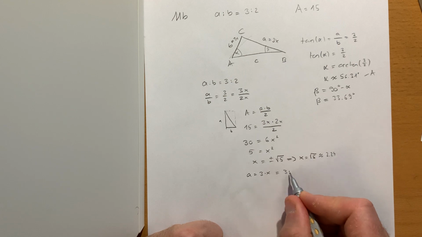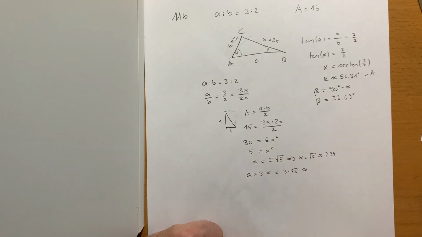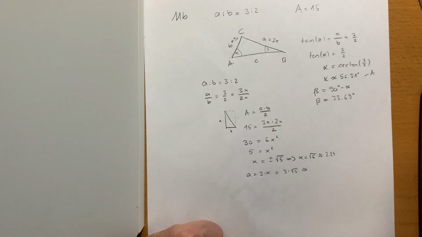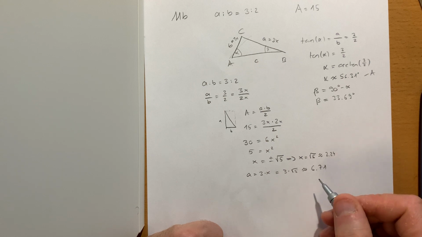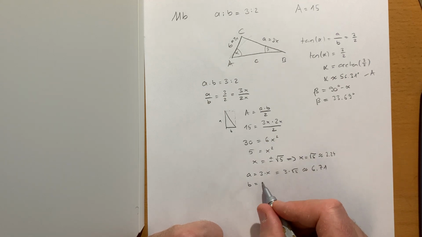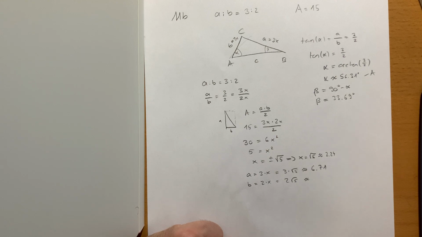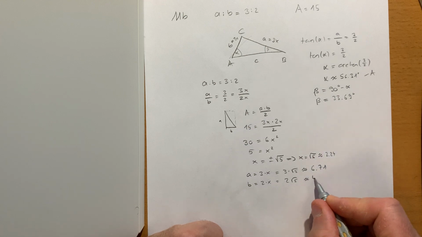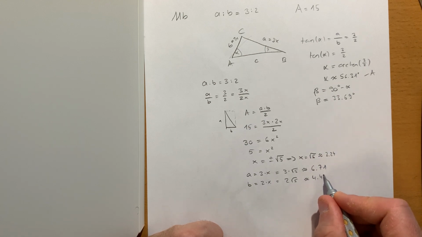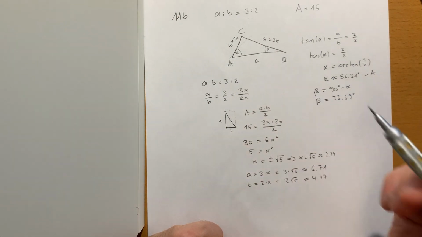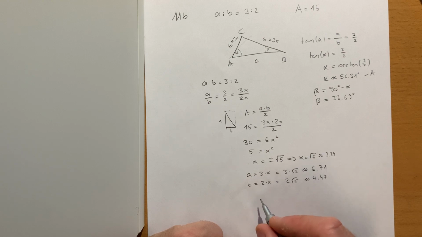It's 3 times the square root of 5, which is approximately 6.71 units of length. B is 2 times x, so 2 times the square root of 5, that's approximately 4.47.